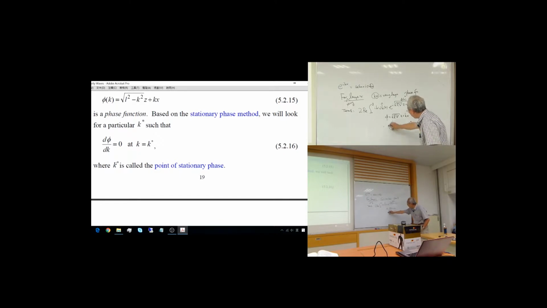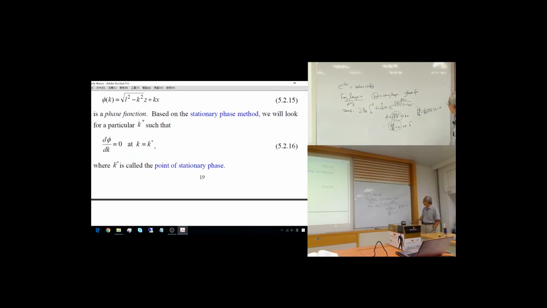So what we need to do is to find this place. So we take the derivative of square root of L square minus k square, and then times g, where g is independent of k, so you can pull it out, and the derivative of the second term becomes x.